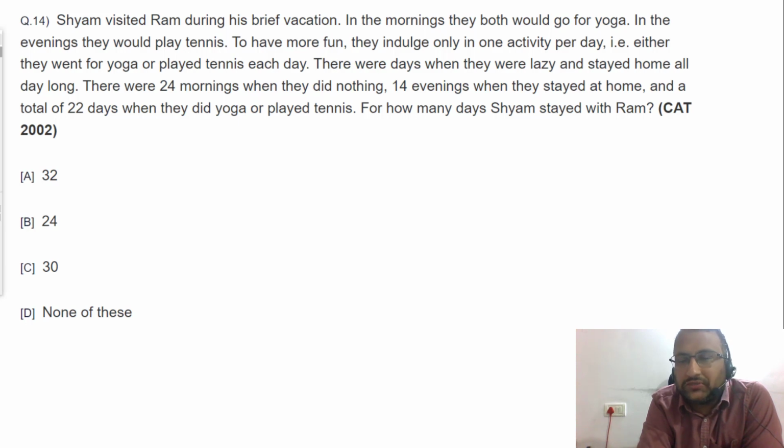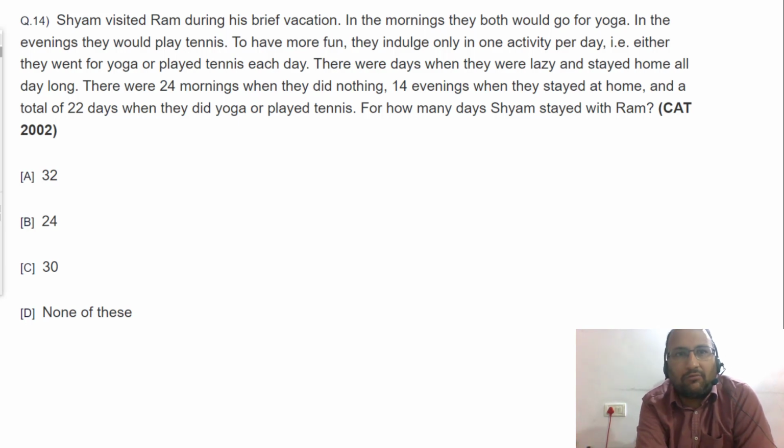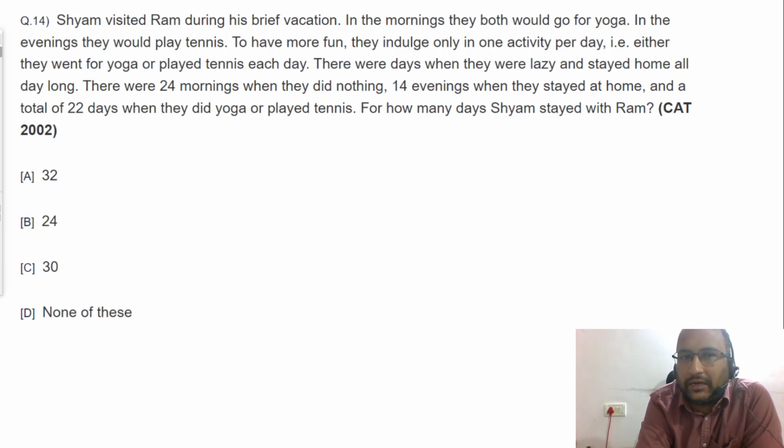The next question is from CAT 2002, a very famous question. Shyam visited Ram during his brief vacation. In the mornings, they both would go for yoga. In the evenings, they would play tennis. To have more fun, they indulge in only one activity per day. That is, either they went for yoga or played tennis each day, but not both.